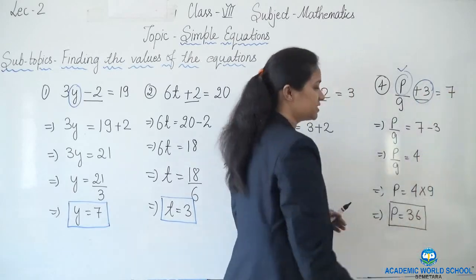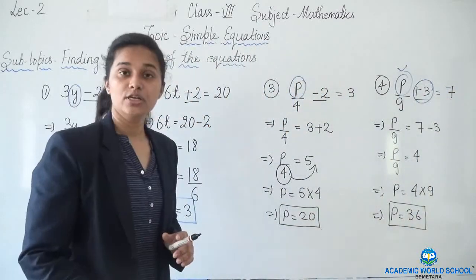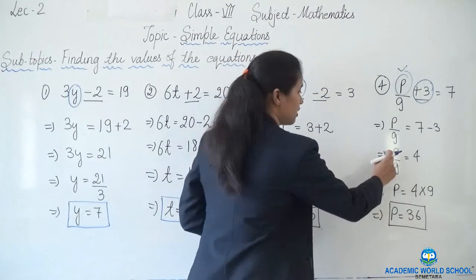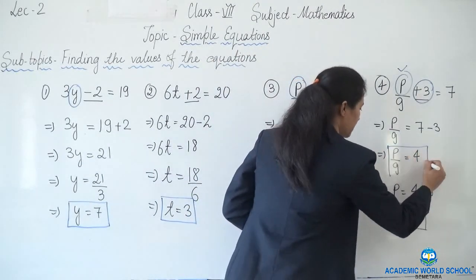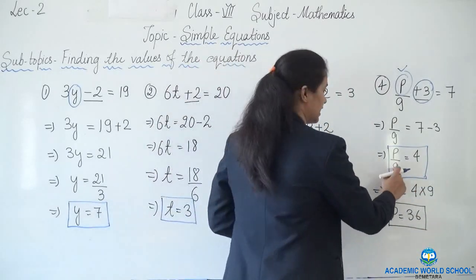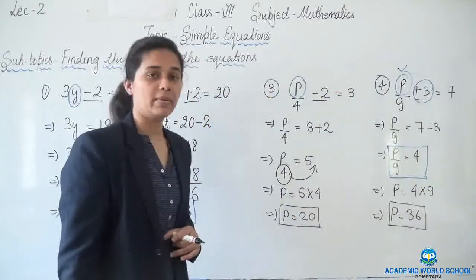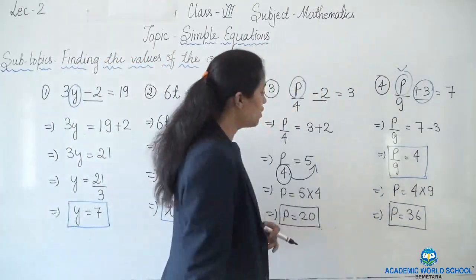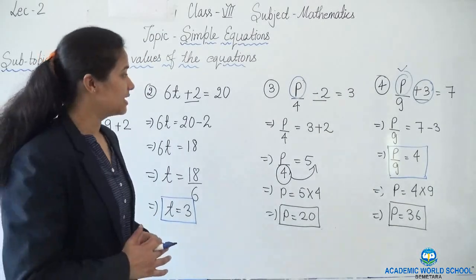As plus 3 changes its sign, it becomes minus 3. So 7 minus 3 is 4. Our final form is P upon 9 equals 4. Now 9 will change its side and be multiplied. So 4 into 9 we got as 36. So the value of P here is 36.